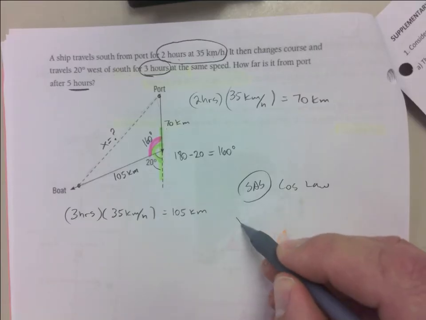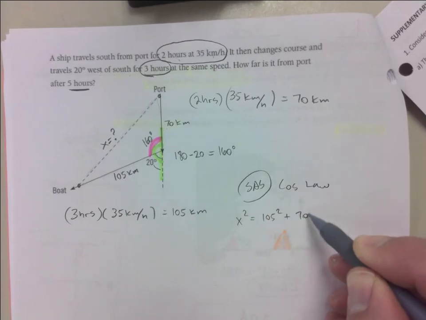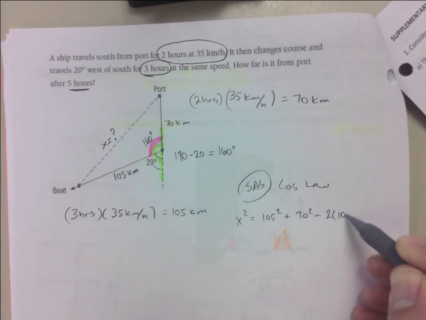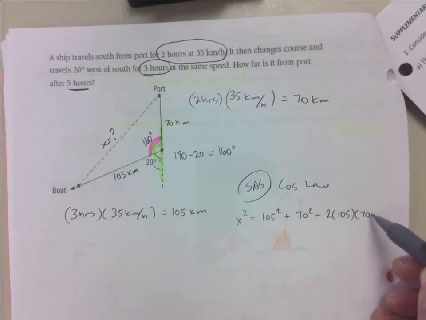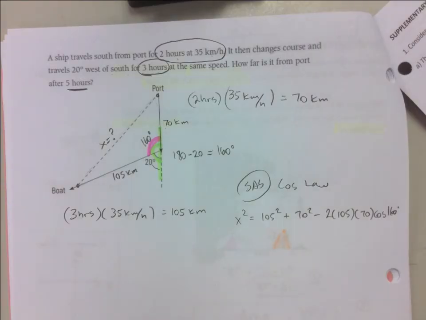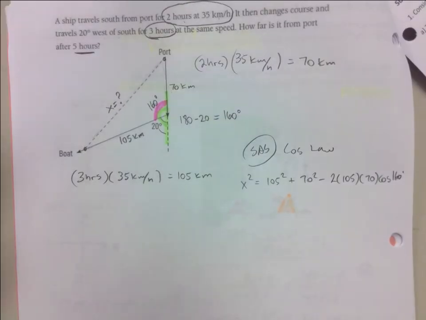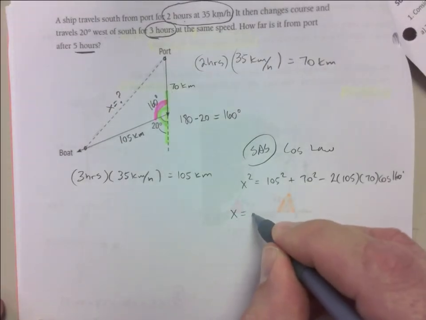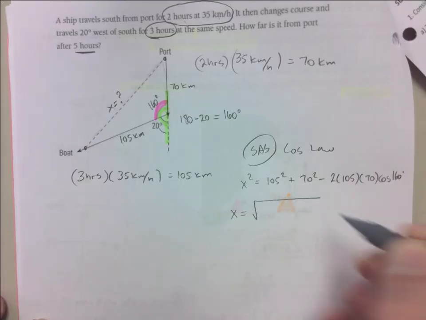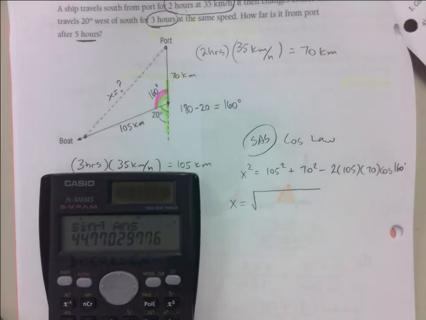So let's do this. X squared is equal to 105 squared plus 70 squared minus 2 times 105 times 70 times cosine of 160. Let me bring this down a bit. Next step is x is equal to square root. To give you a little bit of time, I'm going to type this in.